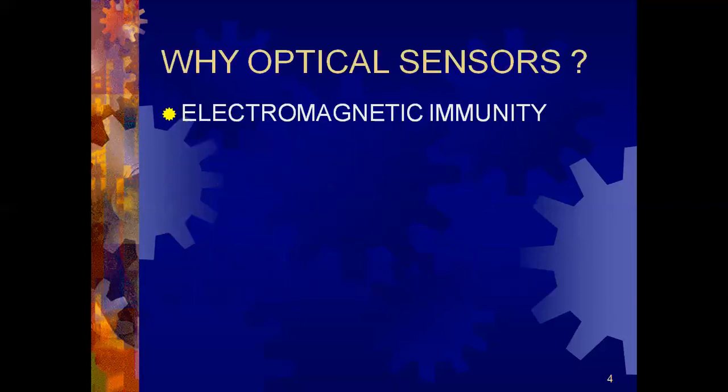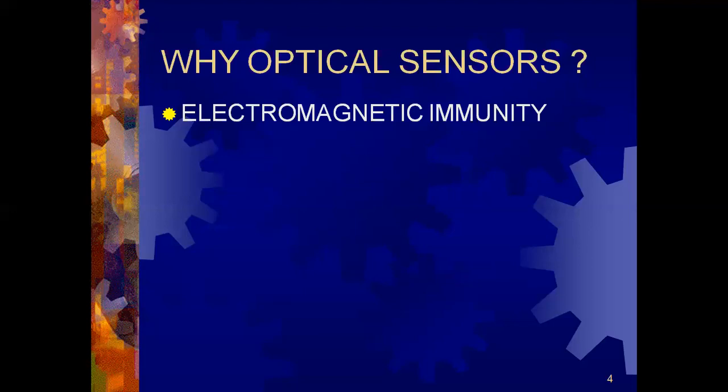Why optical sensors? What are the advantages of these sensors? Electromagnetic immunity, the first important thing, is electromagnetic interference. This optical sensor is capable of handling electromagnetic interference.